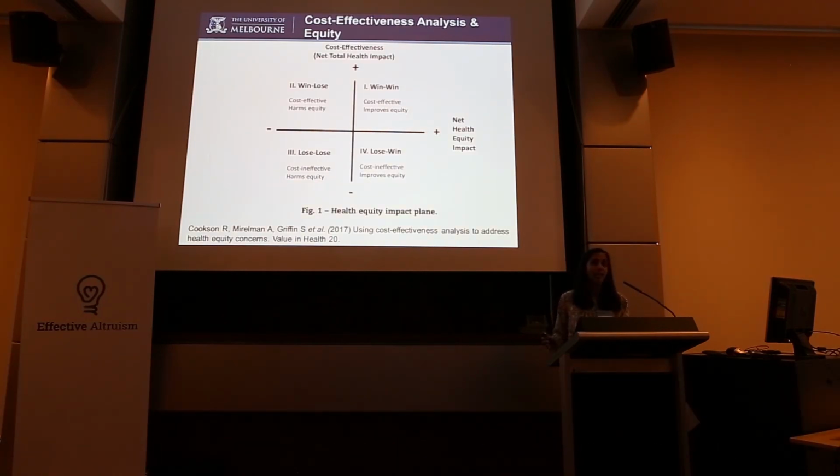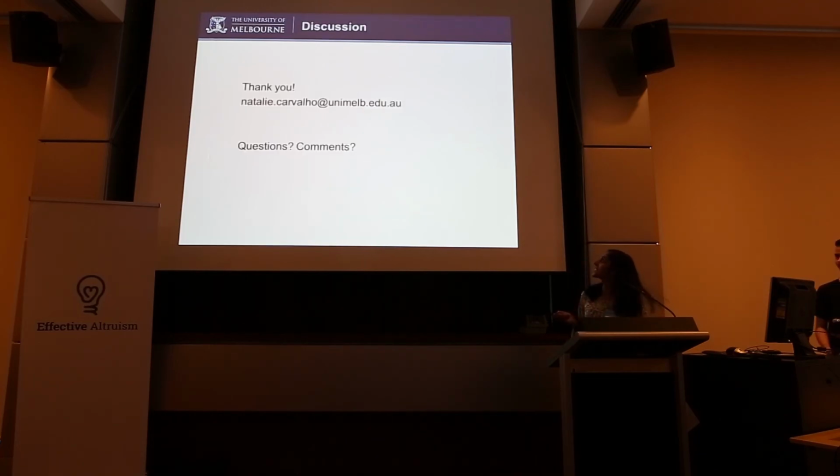This came out of a recent paper, which I quite liked because it takes our cost effectiveness plane and essentially adds in equity considerations. So not just talking about cost effective or not cost effective, but how does it do on equity considerations? Does it improve or does it hinder equity? And it talks about whether we're in a win-win situation or win-lose, or essentially allows you to consider equity alongside cost-effectiveness analysis.